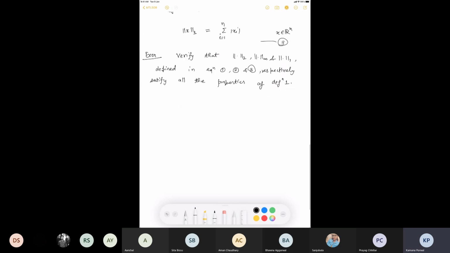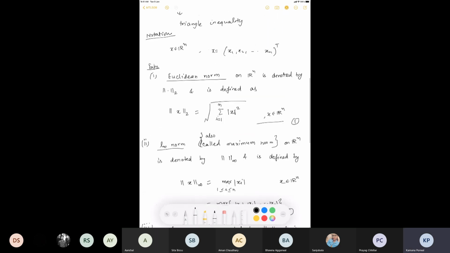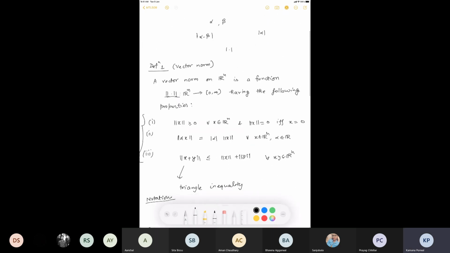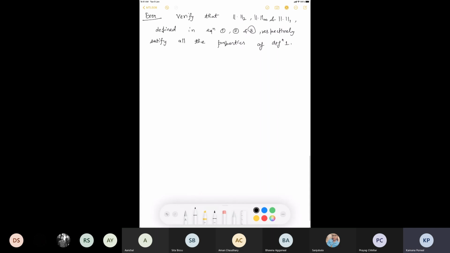Now let's talk about the matrix norm. Of course the matrix norm will also satisfy all these three properties, but in addition to that we will have a property in regard of the multiplication. So let's define it. This is definition 2.